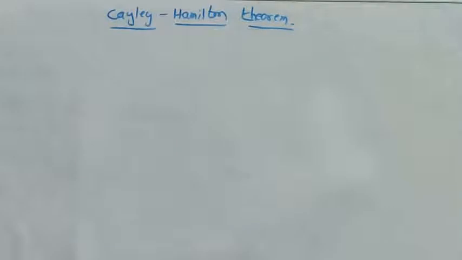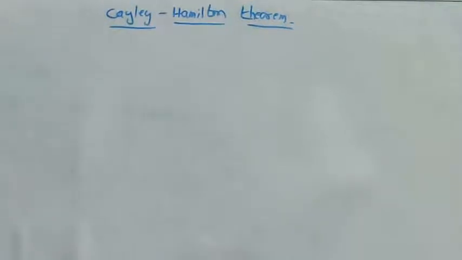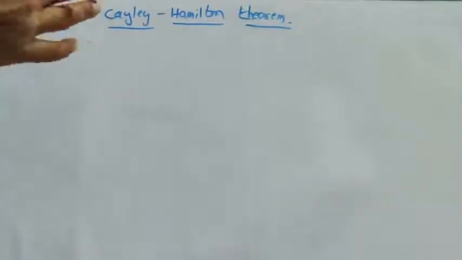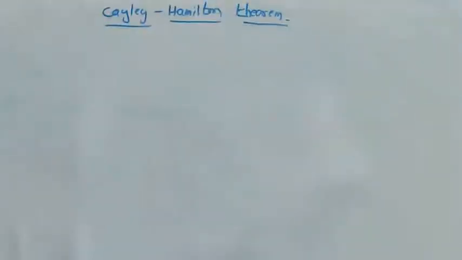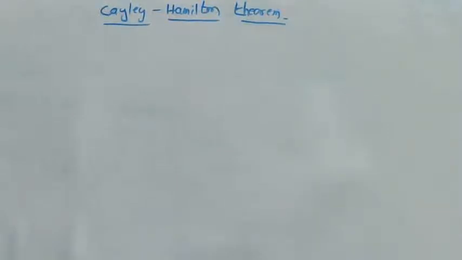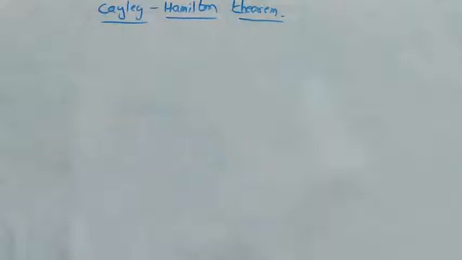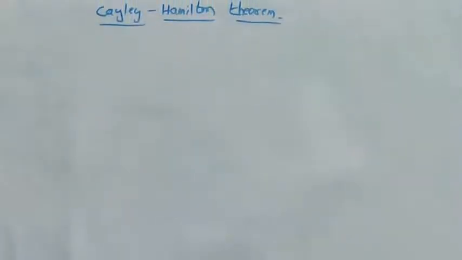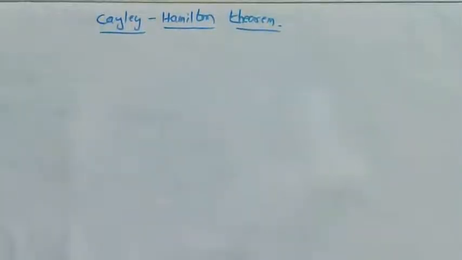By following the rules of the Cayley-Hamilton theorem, we have to verify whether it obeys the theorem or not. For that matrix we have to find the characteristic equation, then by applying the Cayley-Hamilton rule, verify whether it is in accordance with the theorem or not.